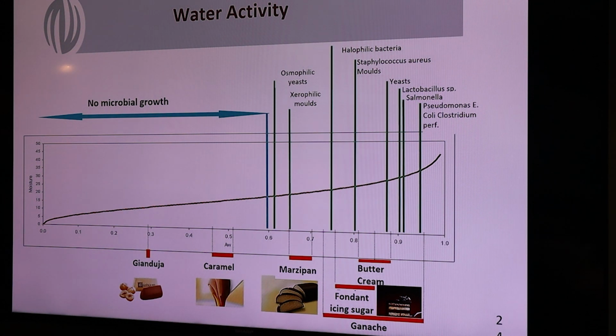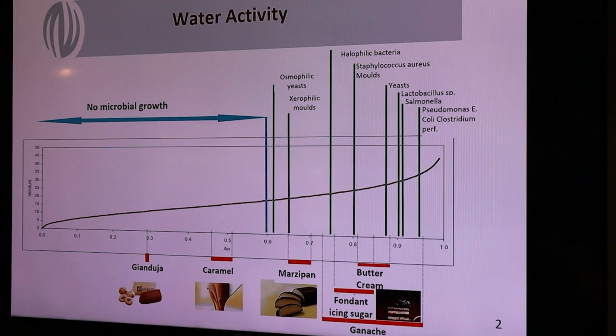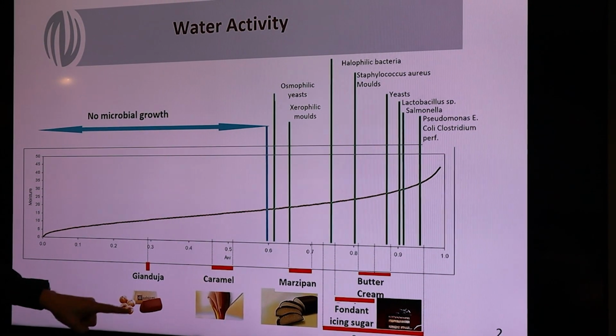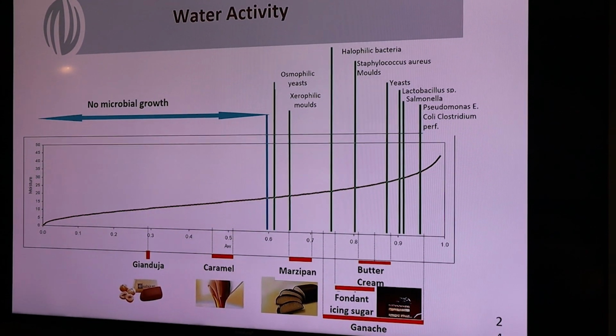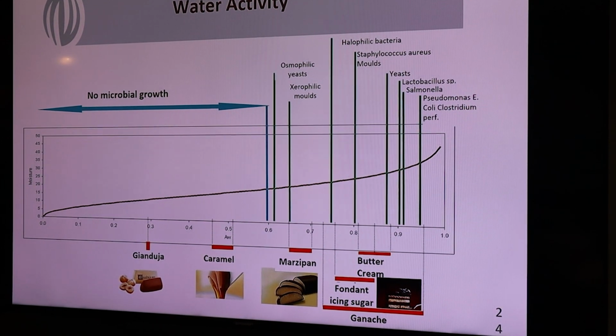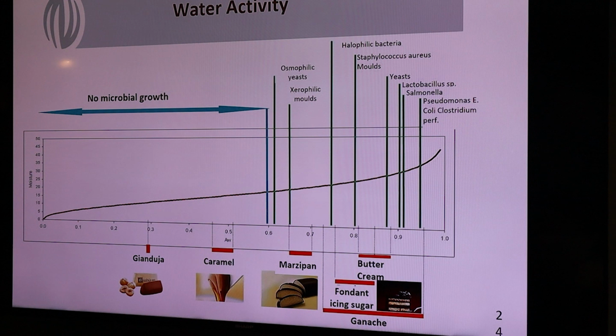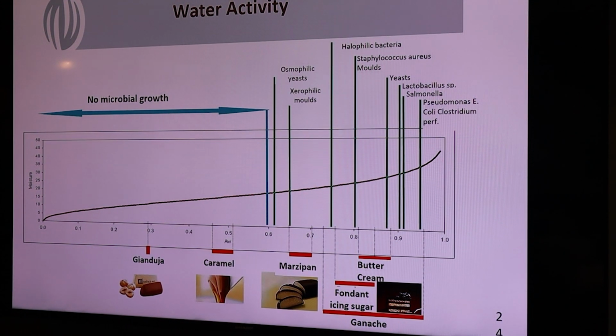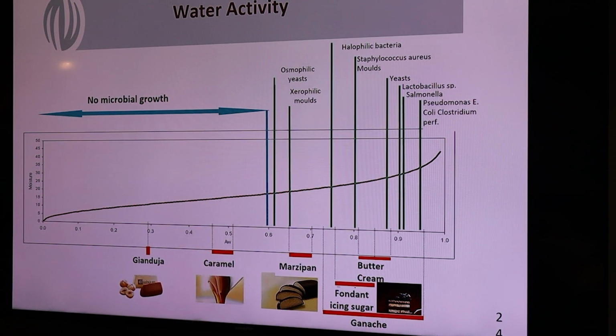Here is also the growth, because we can't avoid any kind of growth in our product. You can even see here with Gianduja, all the fat based product. We have the caramel. It's quite easy to work with caramel because you have a long shelf life on caramel, because it has been through a process where you capture and evaporate all the free water.